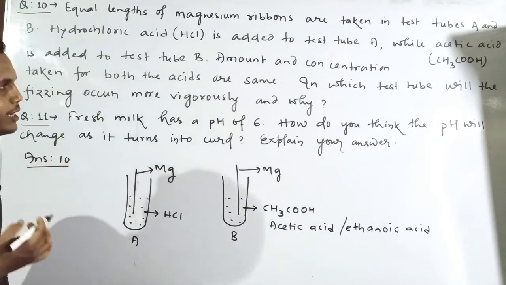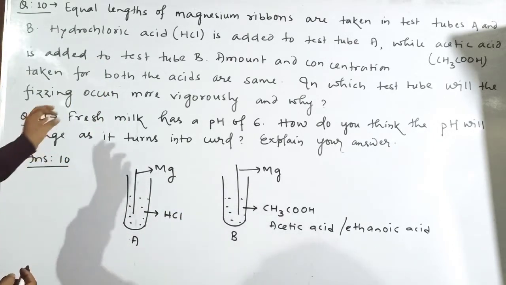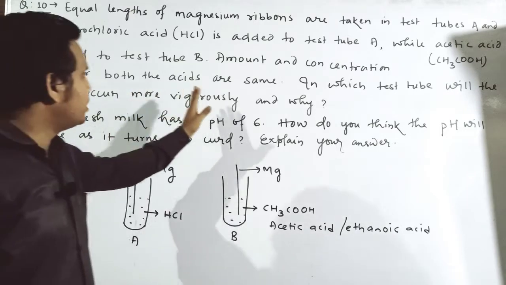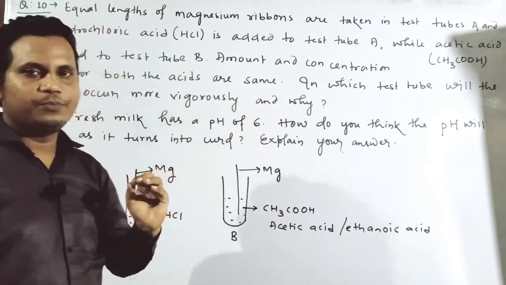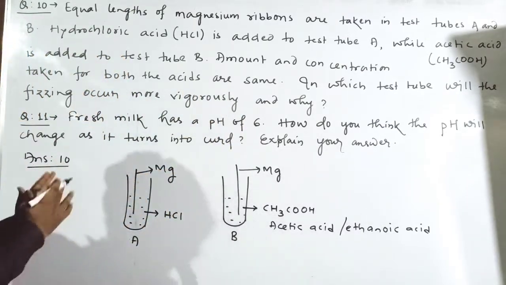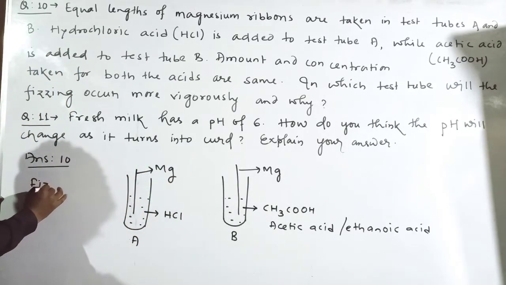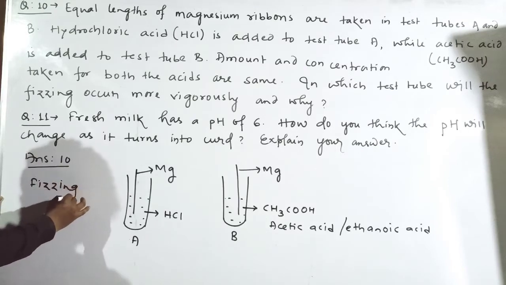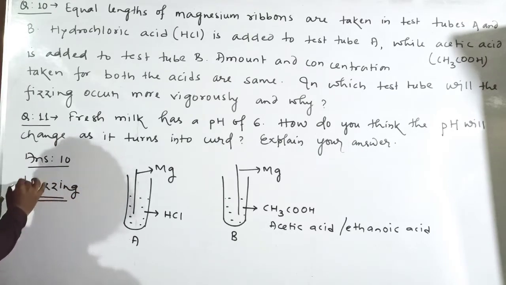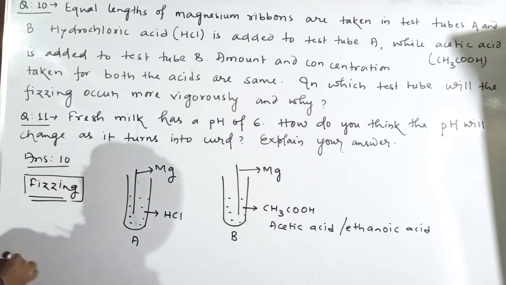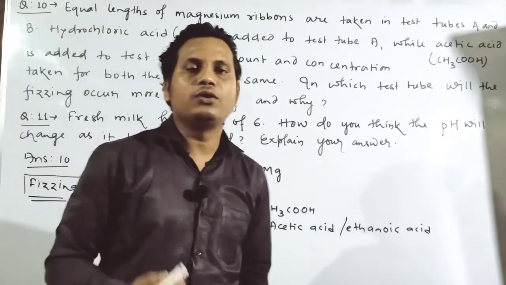In which test tube will the reaction occur more vigorously and why? The question asked is, in which test tube will the reaction occur more vigorously? What is the meaning of vigorously?